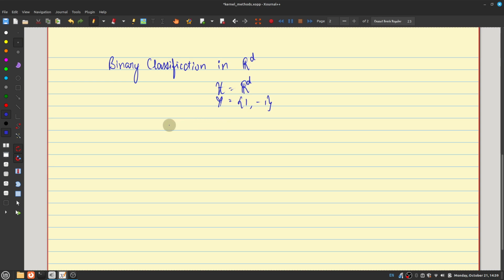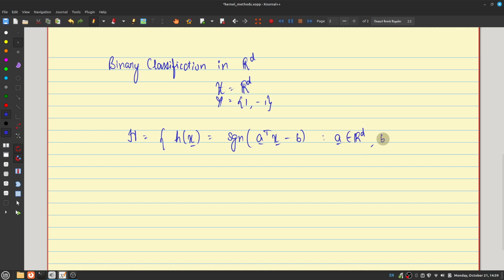So first we'll explore this specific hypothesis class. Let's use the terminology that we've seen in the previous course. So we'll look at the following hypothesis class, which is the set of all functions h(x) which can be expressed as sign(a^T x - b), where a is a vector in R^d and b is an arbitrary real number.